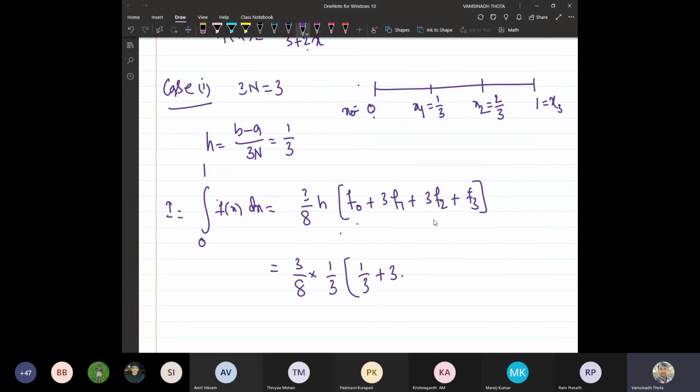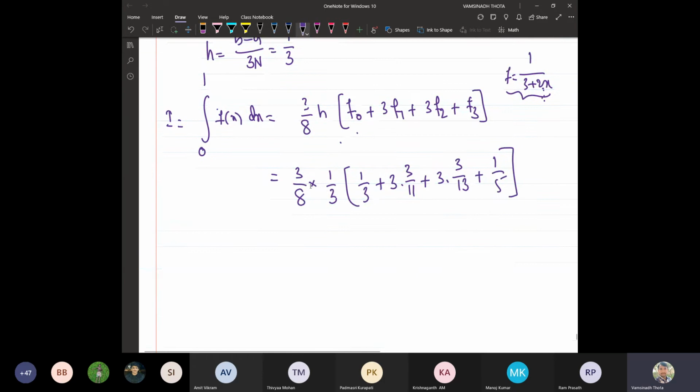So let me write it again here, 1 upon 3 plus 2x. This is f. The value at x1, which is 1 by 3: 1 by 3, 2 by 3, so 3 by 11, plus 3 times the value at 2 by 3. 2 by 3, 4 by 3, 9 plus 4, 13, so 3 by 13, plus at x equal to 1, 1 upon 5.